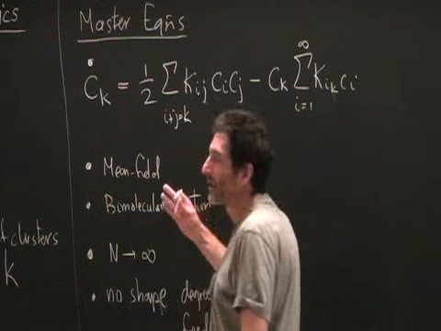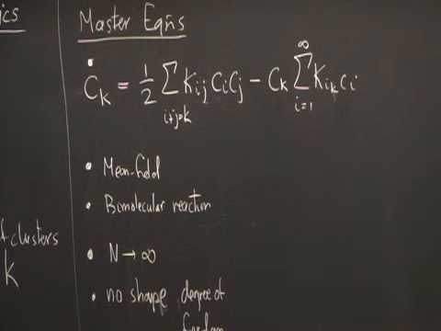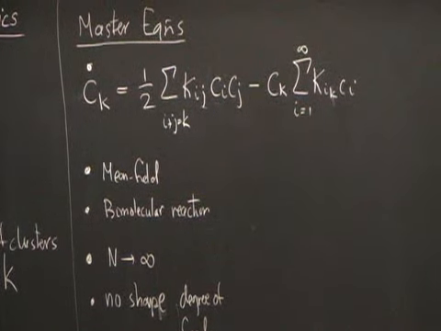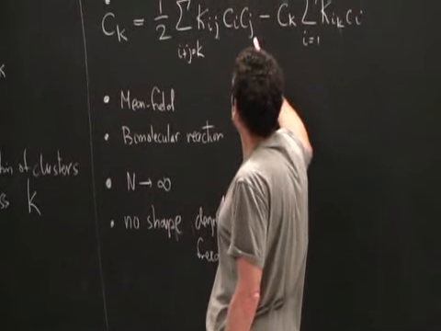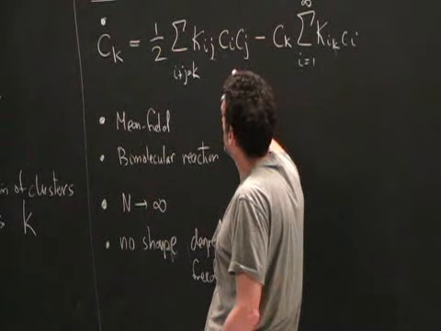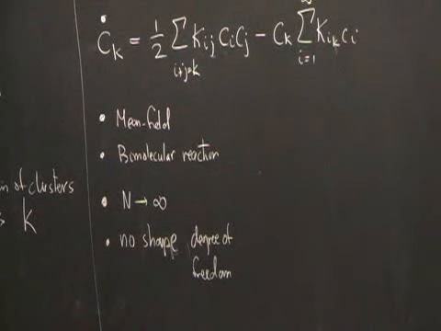So I'm assuming that my clusters are little spherical droplets, and when two clusters meet, they make still a larger spherical droplet. So we don't have to worry about anything except the size of the cluster. The index J here is referring to the cluster mass, and there's no other degree of freedom that describes the nature of the cluster itself.